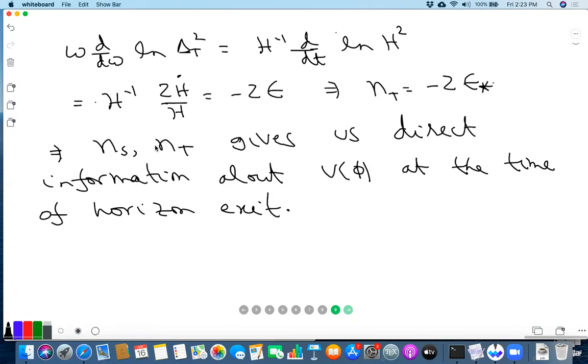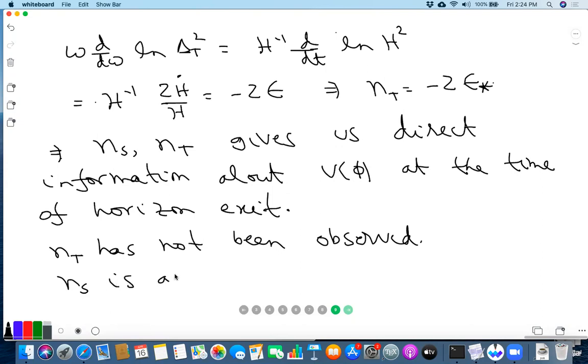Because any knowledge that we can get from the CMB on Ns and Nt, we can get knowledge that tells us about the form of the potential near horizon exit. Now Nt has not been observed. And Ns has been. Ns is a little less than 1. This has now been observed.